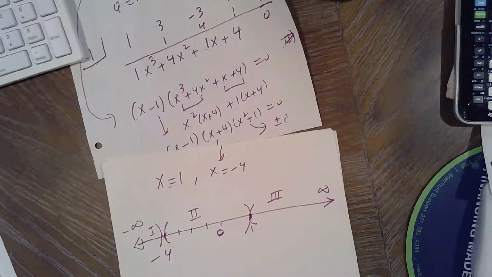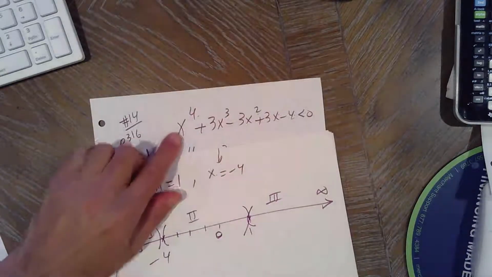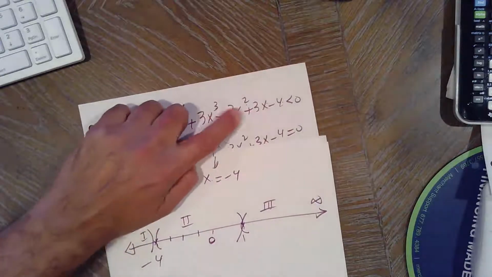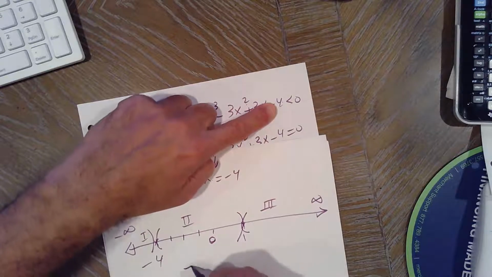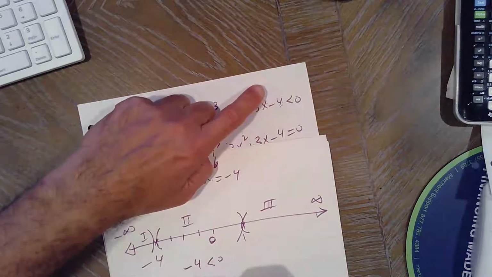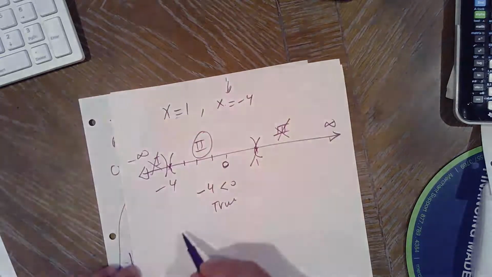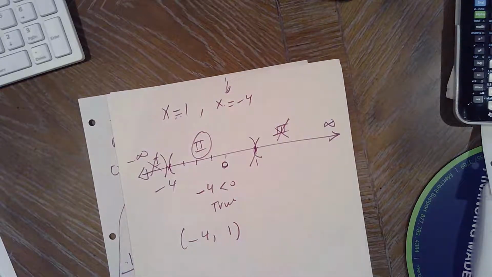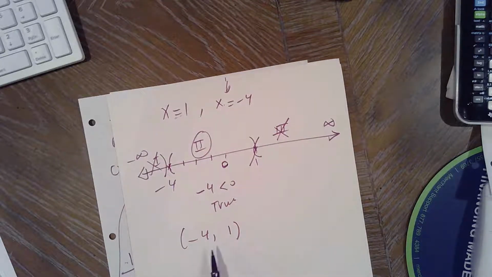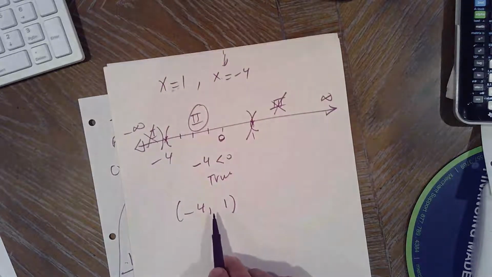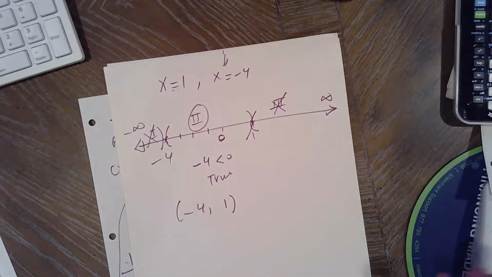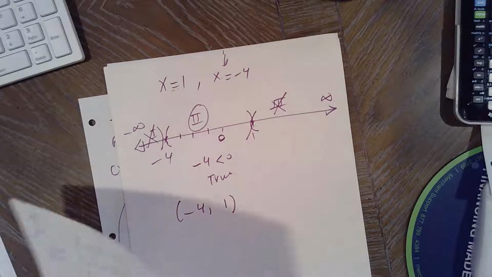I'm going to use 0 to plug it in: 0 plus 0 plus 0 plus negative 4. So negative 4 is less than 0, which is true. So this is true, false, false. So my solution set is from -4 to 1. Any real number you pick in this interval is a solution. Anything you pick outside this interval will not be a solution.